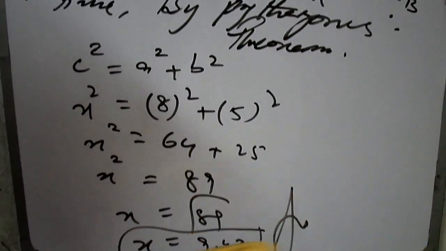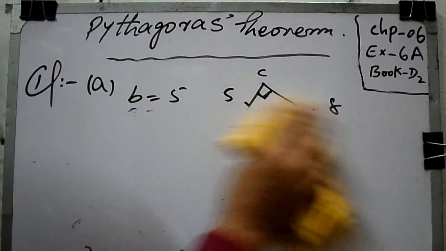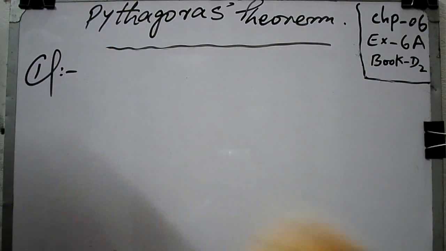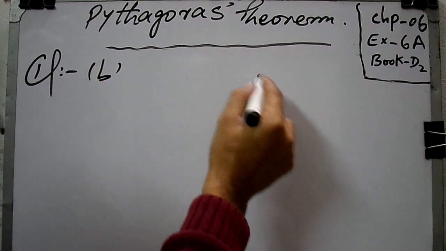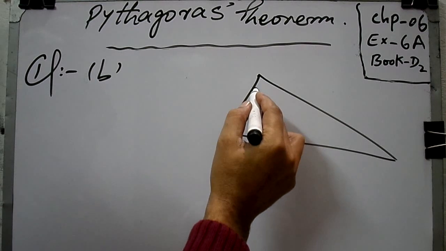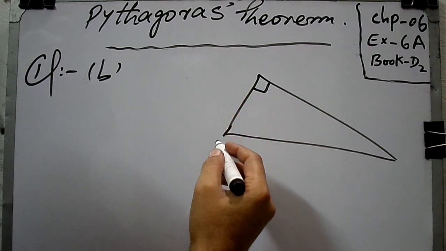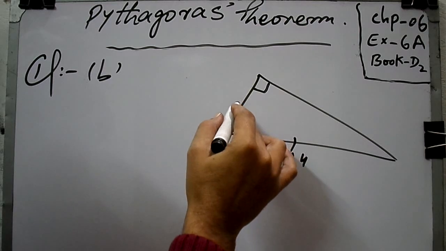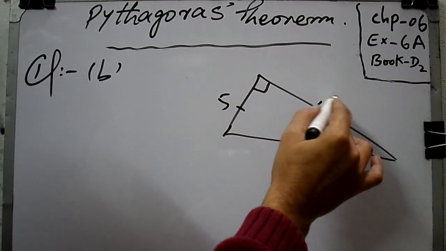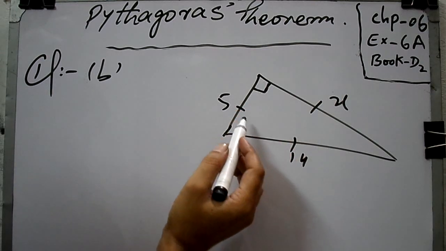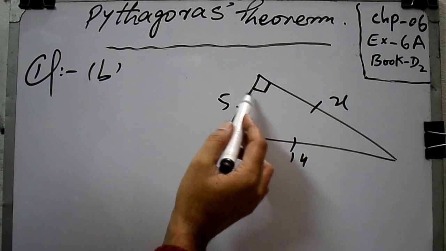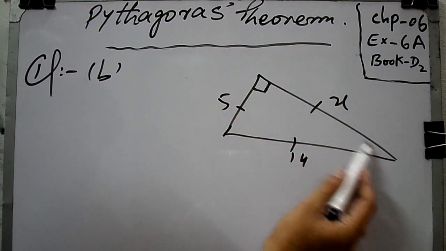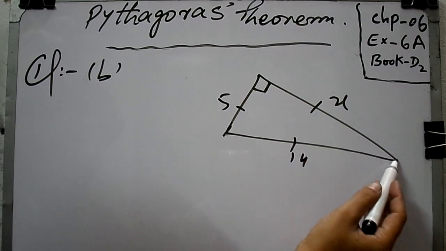Similarly, another example: you can see the given diagram in part B. Again you are given the same type of diagram, another triangle. Here once again is the 90 degree angle, this side is 14, this side is 5, and the other side is x. Once again I would like to repeat that at the 90 degree angle the base and the perpendicular or altitude exist at the adjacent point.